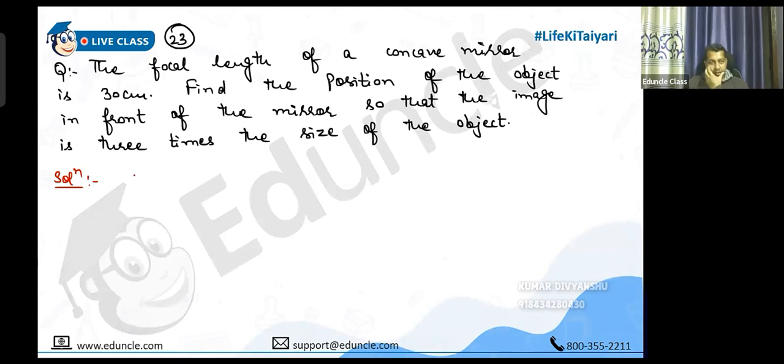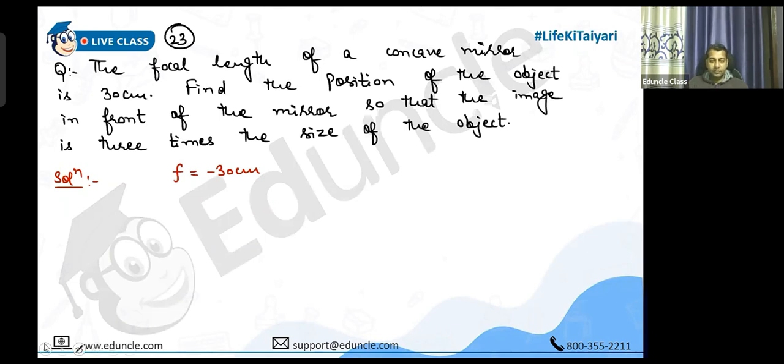Magnification is given. Image is 3 times the size of the object.